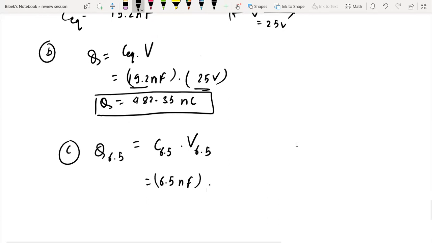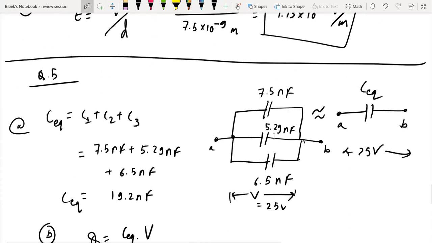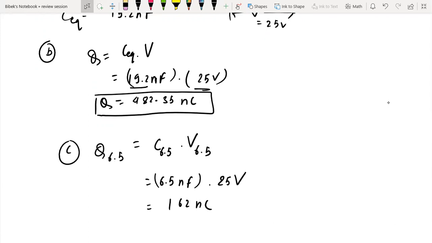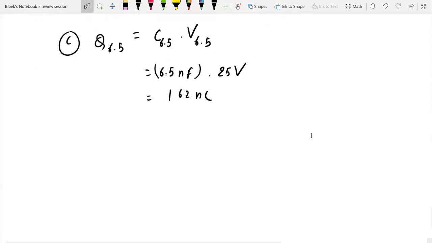The voltage drop is the same across all of these capacitors because they are in parallel, so it's 25 volts. If you multiply it, it's going to be 162 nanocoulomb.